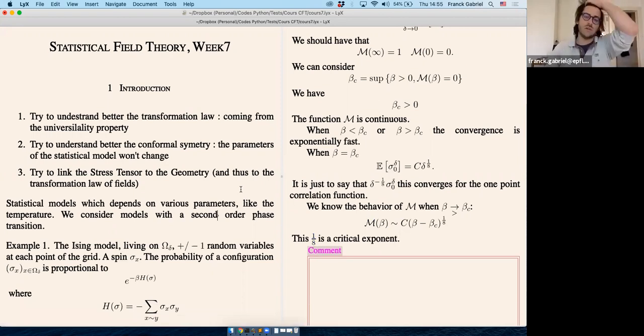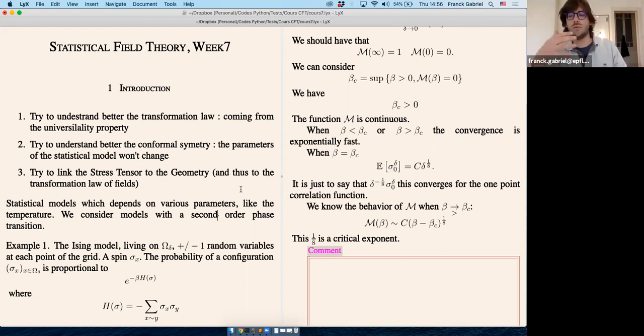It's called a critical exponent, and there are different critical exponents when you are looking at a second order phase transition, because you can look at different thermodynamical quantities. First of all, you can add an external field and take the external field to 0, or you can look at the correlation length and how it will diverge.